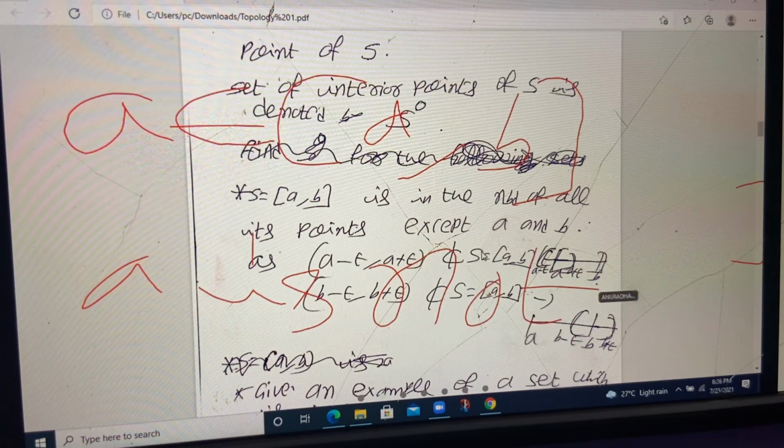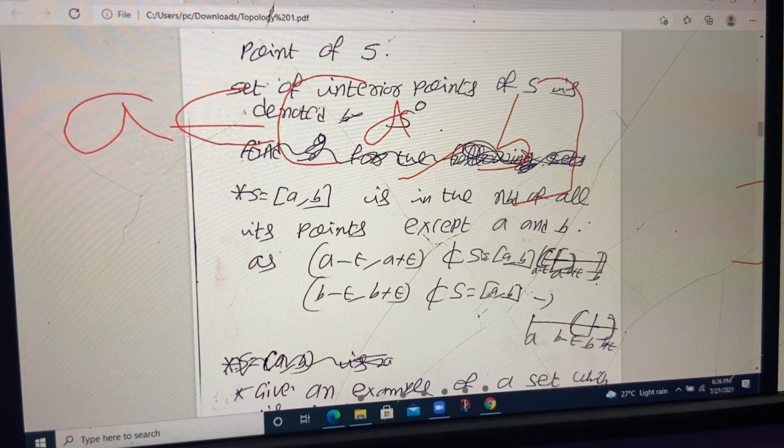Why is it not an interior point? Because A minus epsilon and A plus epsilon is not totally contained in this set. A part of it is inside, part of it is outside. Therefore, S is not in the neighborhood of A, and A is not an interior point; that is also correct.